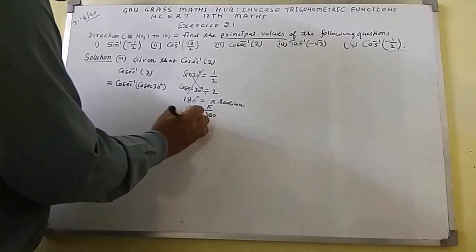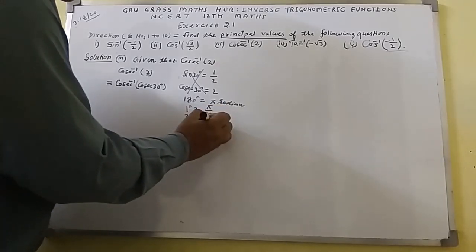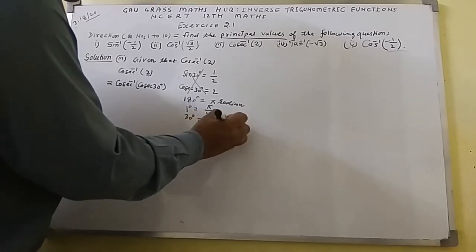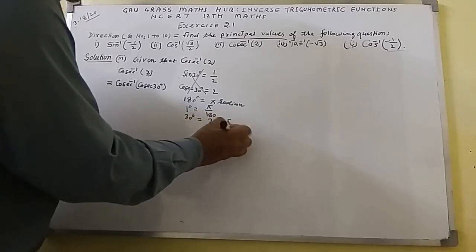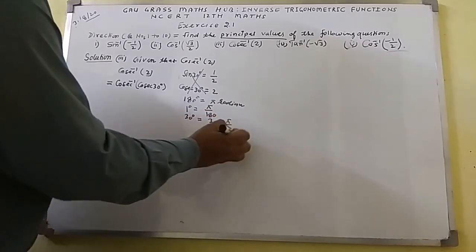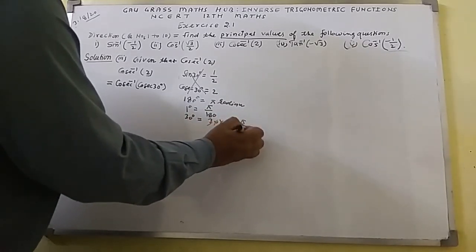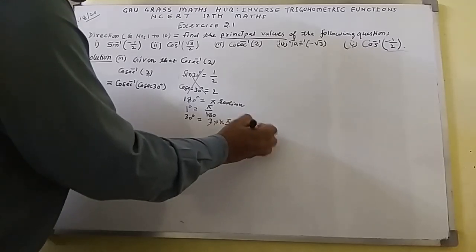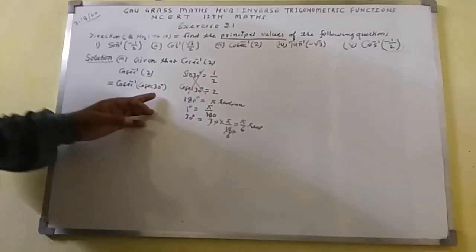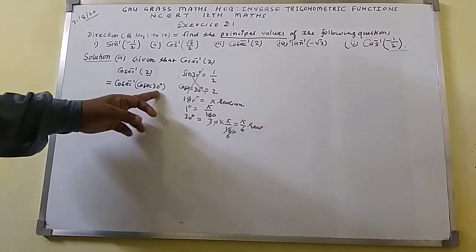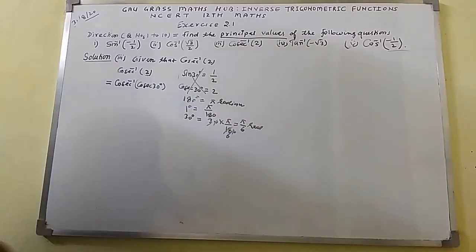And here it is given 30 degree. So 30 degree is equal to 30 into pi by 180. This will be crossed out. You will get here 6. You will get here pi by 6 radian. Now this 30 degree will be converted into pi by 6 radian.